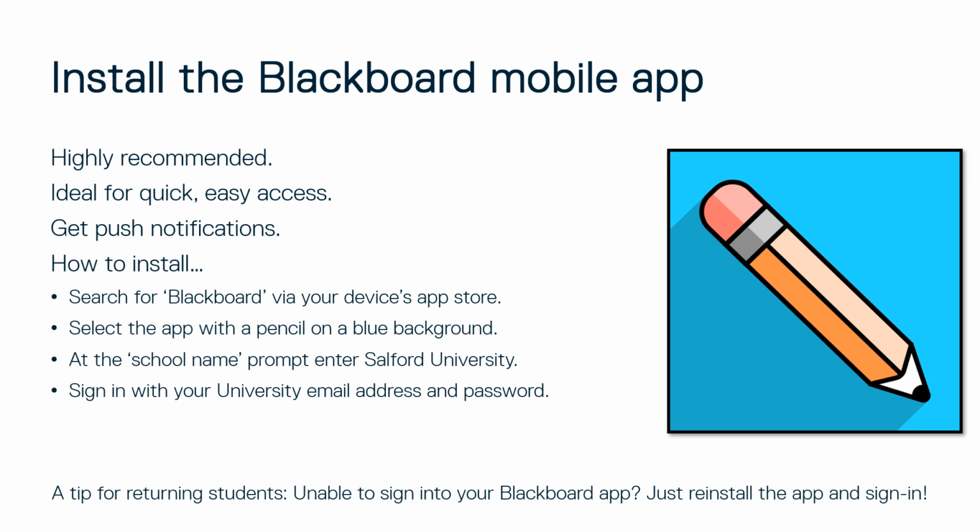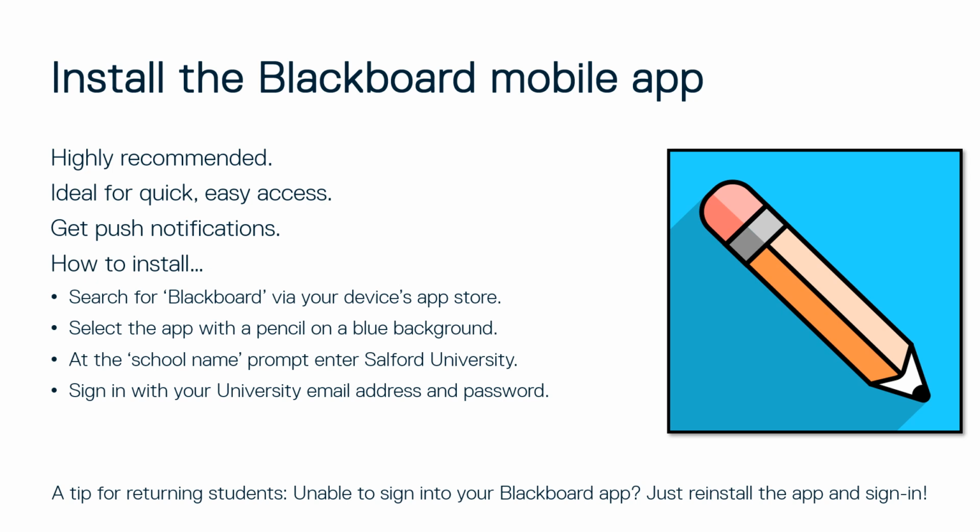For truly anytime, anywhere access, the Blackboard mobile app is highly recommended. It gives you quick, easy access to Blackboard. And an added benefit is that with the app, you can get push notifications for important announcements onto your activity stream.